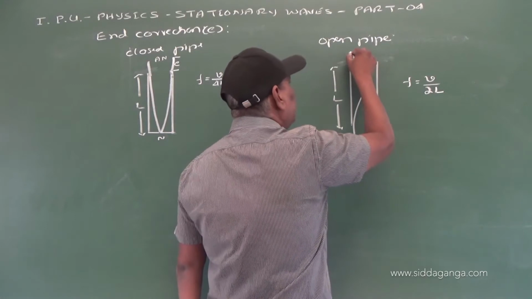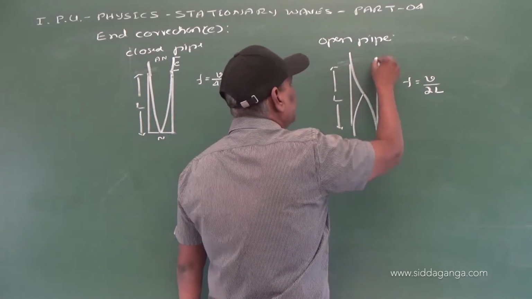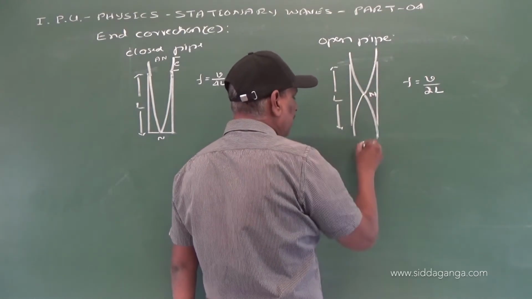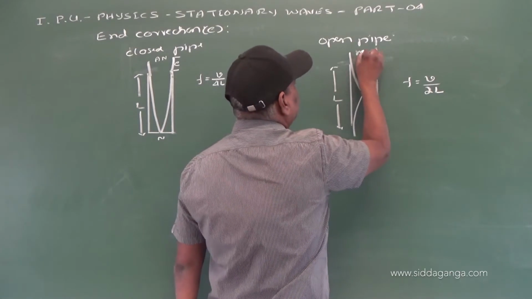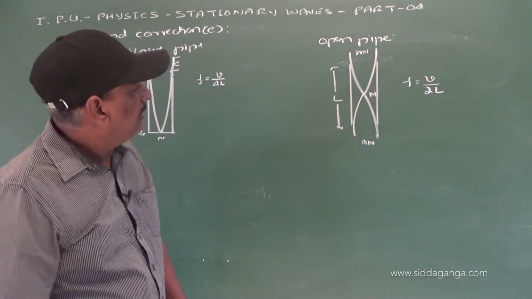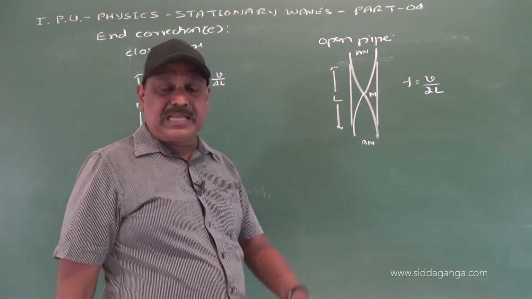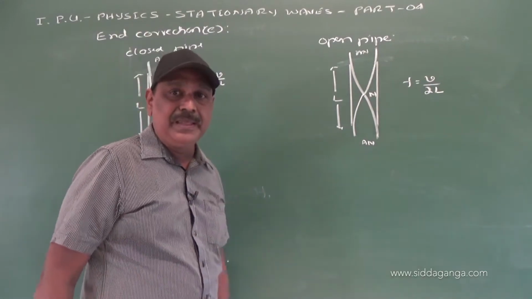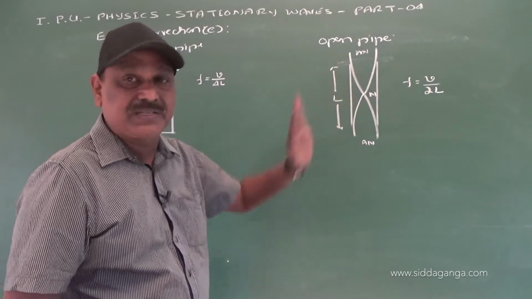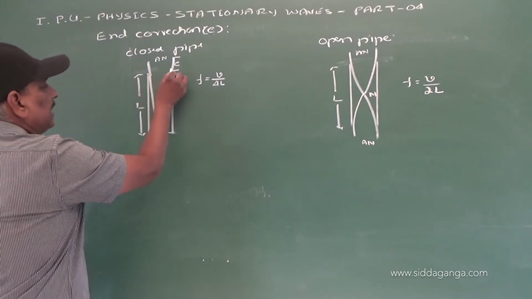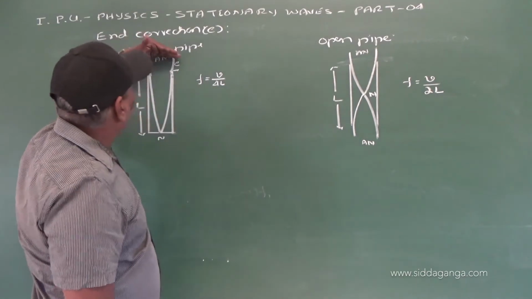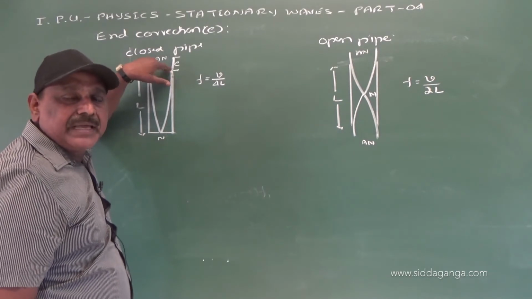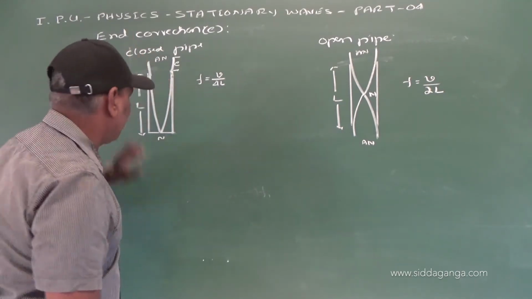At the upper half it is above the open end, at the lower half it is below the open end. This is the true antinode. Therefore, the experimental value comes out to be slightly less than the theoretical value, so we need to apply correction to this formula. The distance between the true antinode and the open end of a pipe is called the end correction.